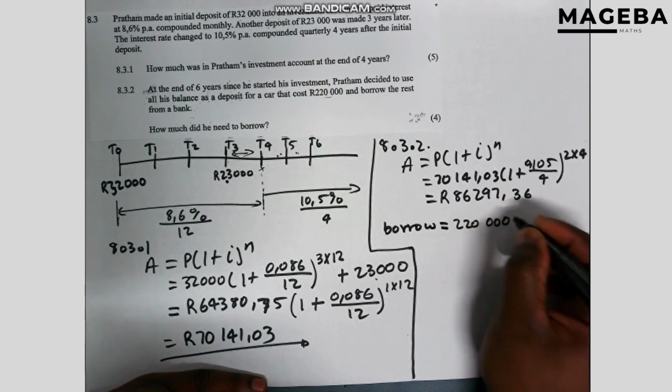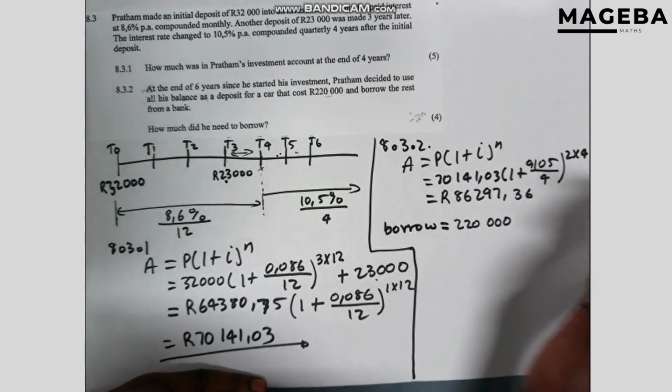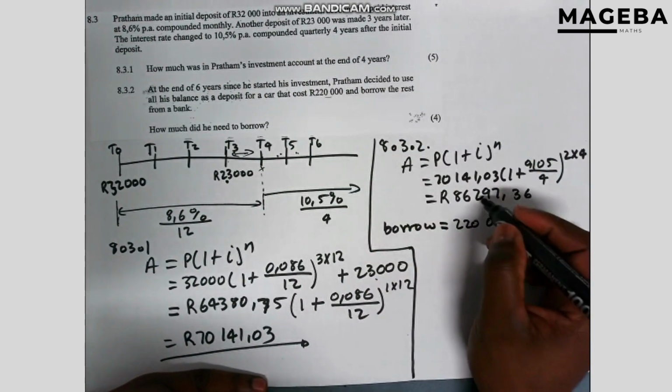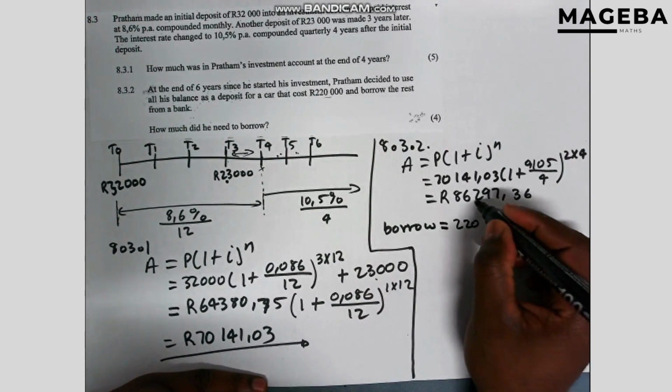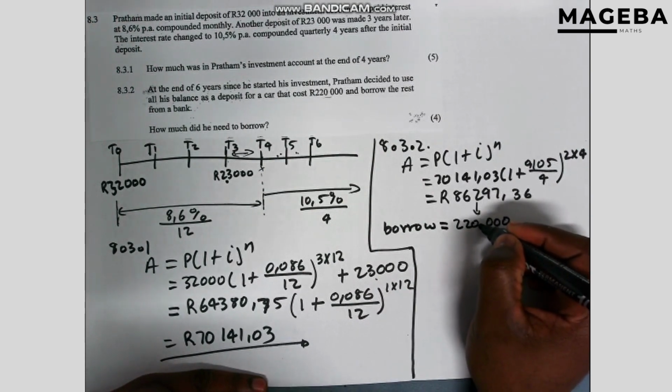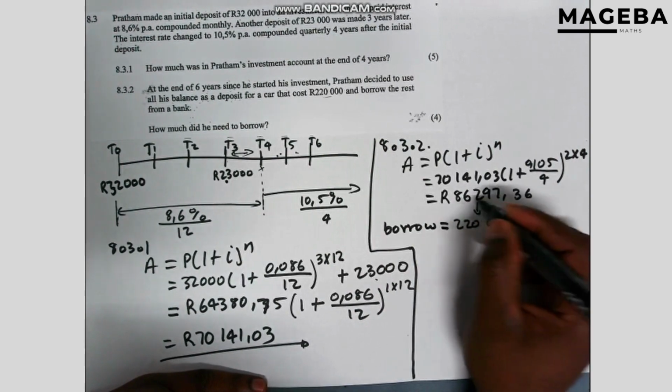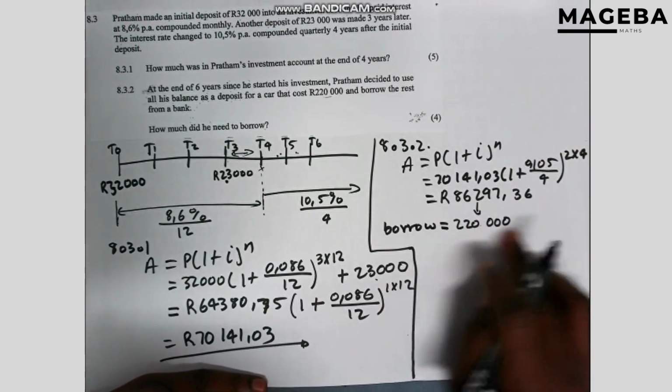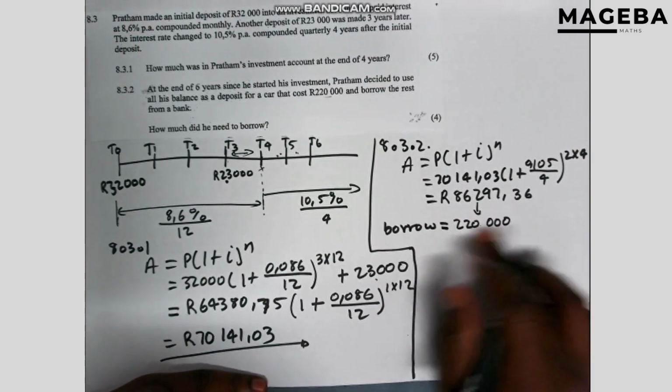He takes this money and puts it as a deposit, meaning this amount is going to be subtracted from the cost, because we know the cost of the car.